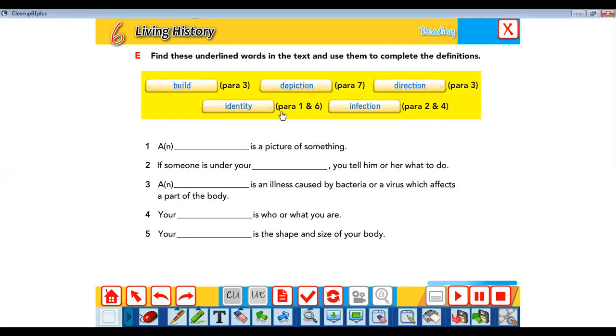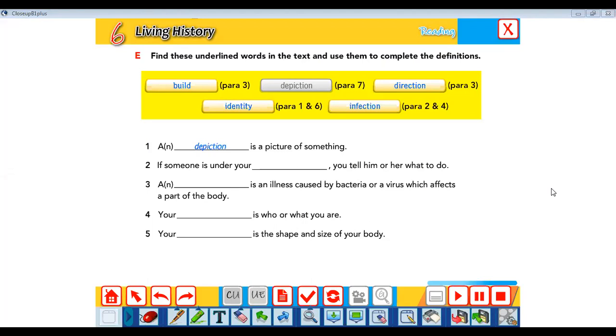So we'll choose it now and put it in the correct place. Very good. Number one is depiction. Number two, who can answer number two? Thank you, Hur. Yes, number two. Who can answer? Yes, Arwa Husam.